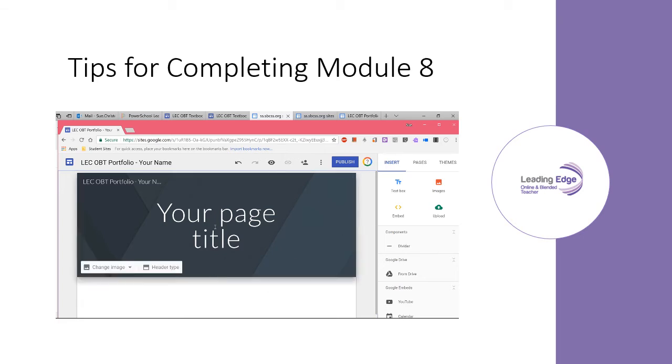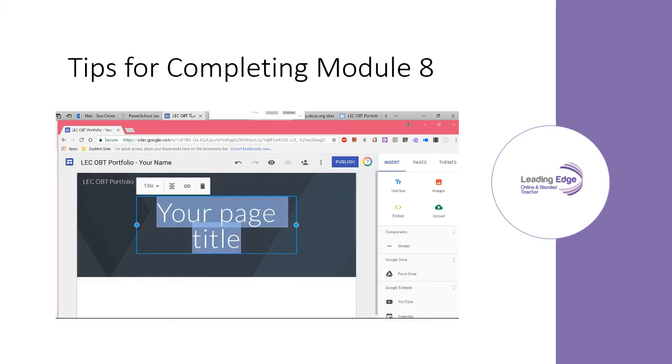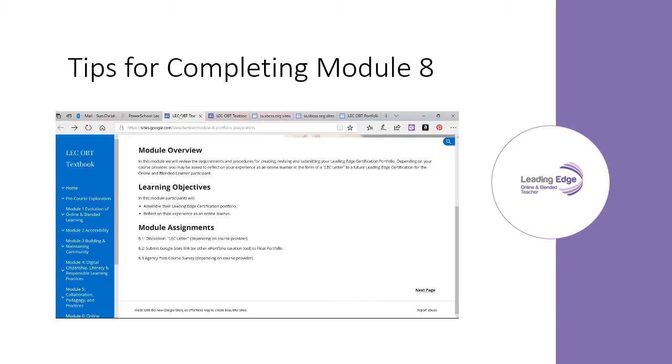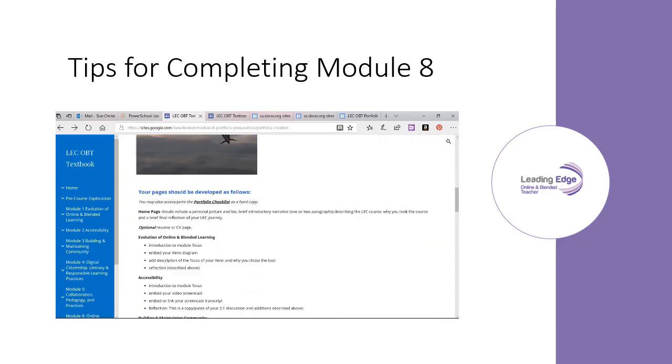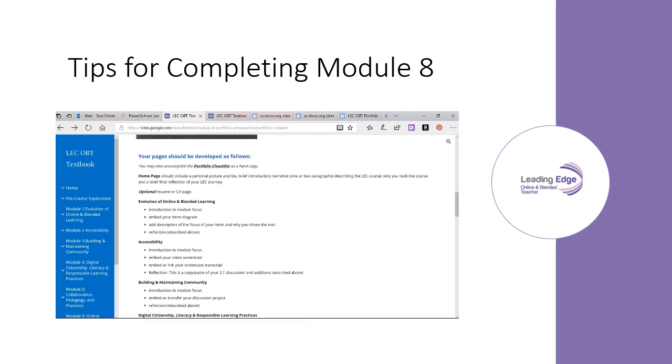Okay. So now the home page, if you go back and look at the page in PowerSchool, let's see, it's the next page here. Go back a bit. Okay. You can see right here that I need to create a home page.